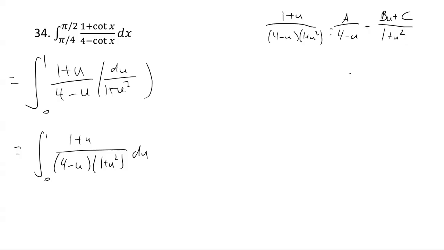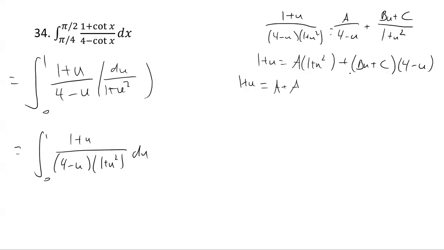I'm using u here, not x. Multiply both sides by the denominator: 1 plus u is equal to a times (1 plus u squared), plus (bu plus c) times (4 minus u). Let's expand everything out. We could plug in 4 to get rid of stuff, but let's expand first; usually I mix and match the techniques.